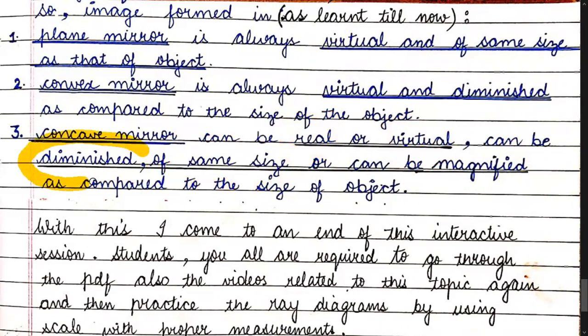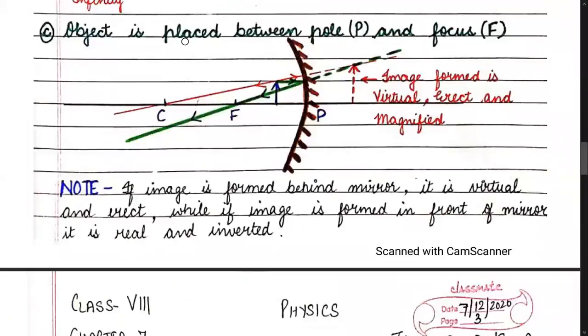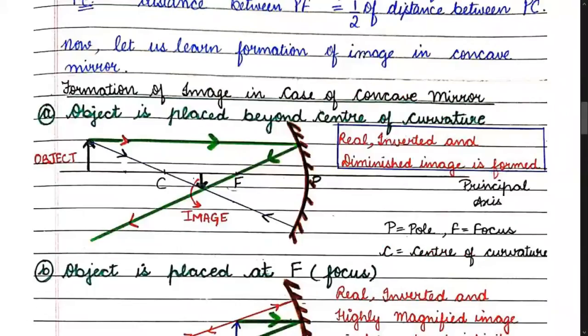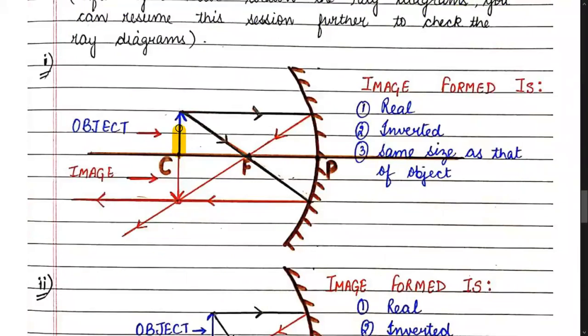The image was diminished when the object was placed beyond the center of curvature. The image was of the same size when the object was placed at the center of curvature, but this same size is not a virtual image. It is a real and inverted image.